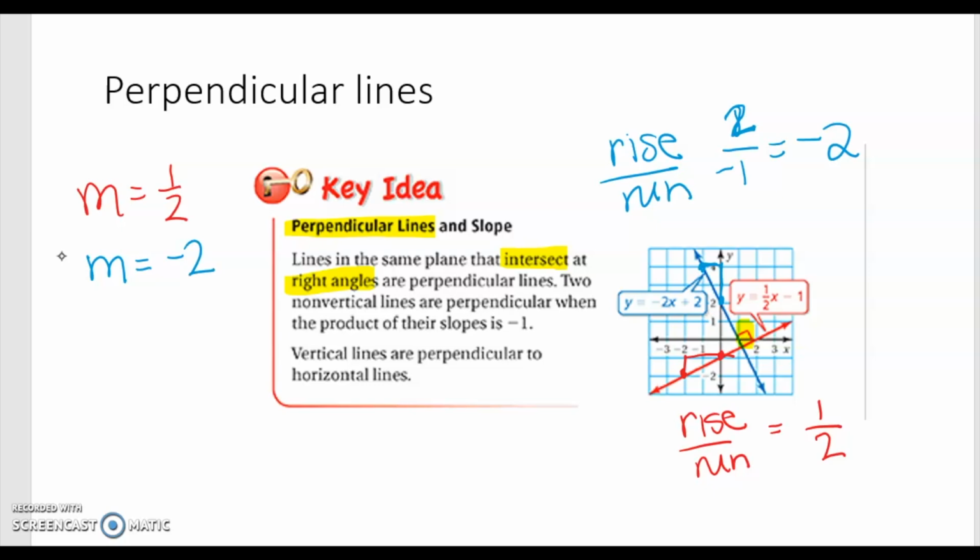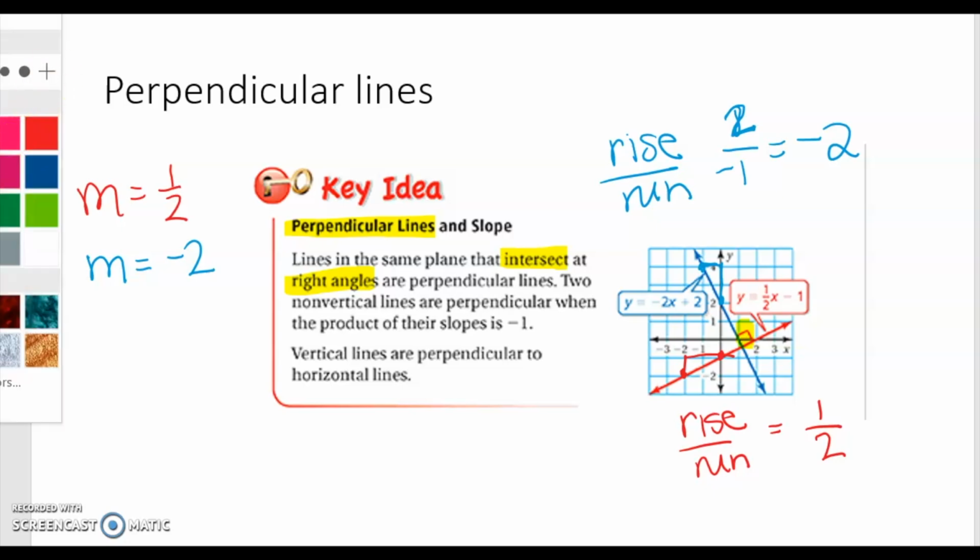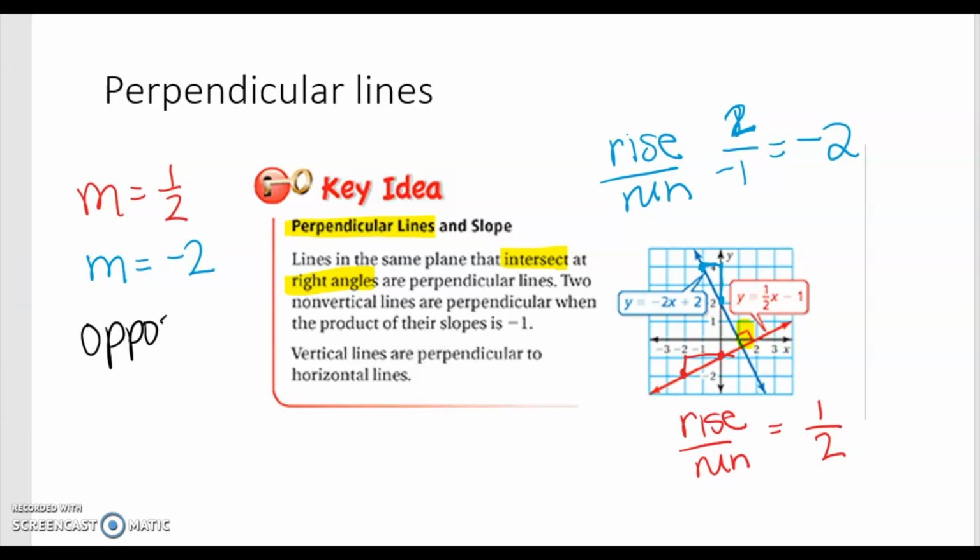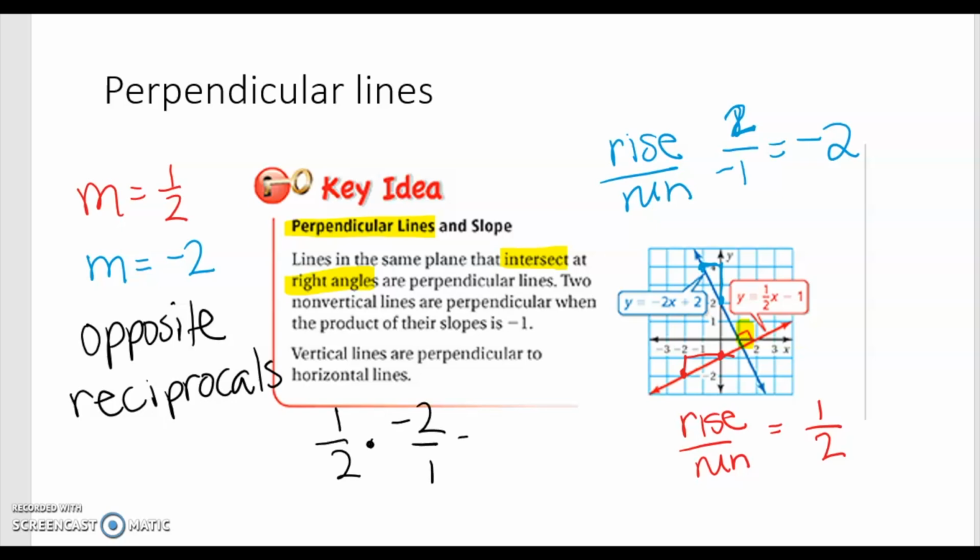Now, we want to notice something about these. These are called opposite reciprocals. Opposite because one of them is positive and one of them is negative. Reciprocals, where we take the fraction and we flip it upside down. Now, if we were to multiply these slopes together, they multiply to -1.